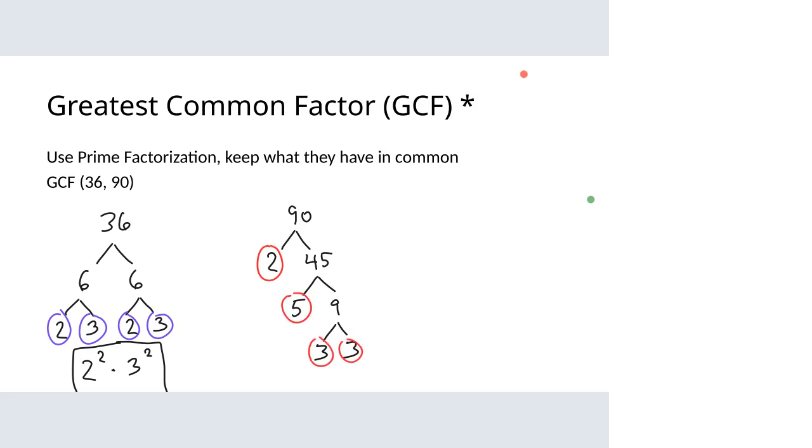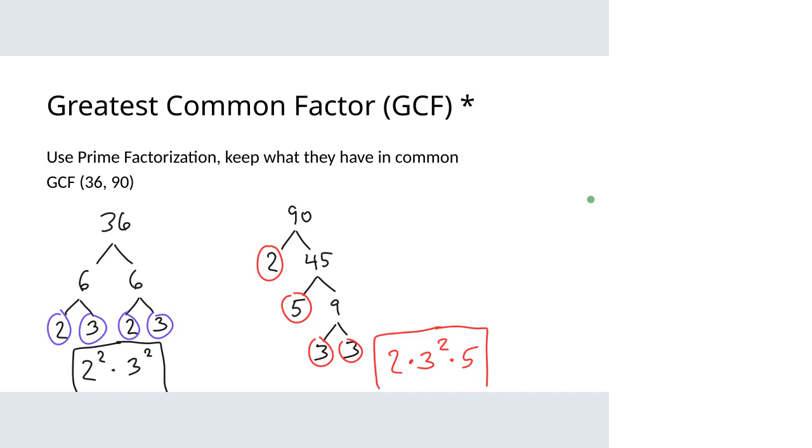So if we write the prime factorization of 90, that's going to be, let's see, where do I want to put that? How about over here? 2 times 3 squared times 5. So there's my prime factorization of each.